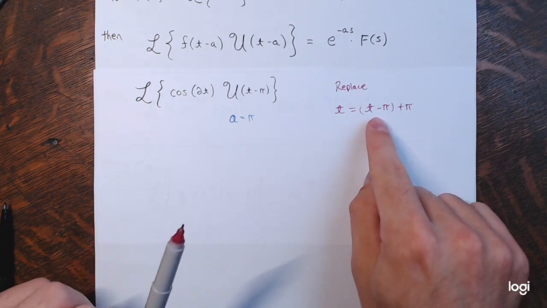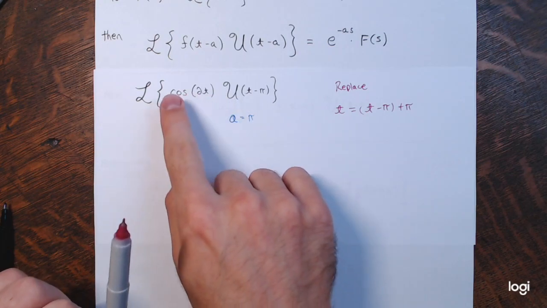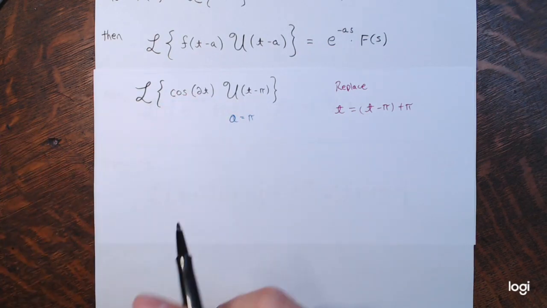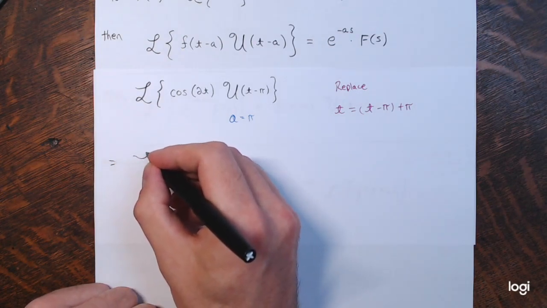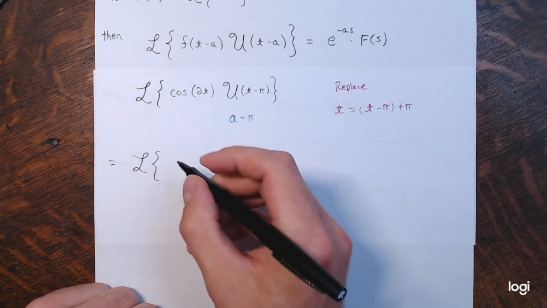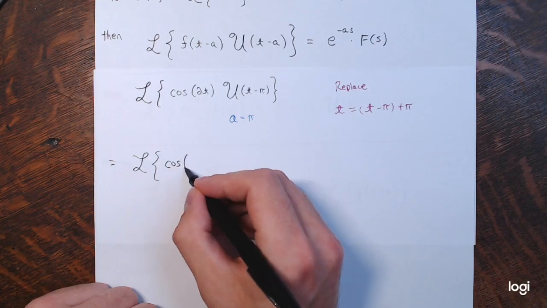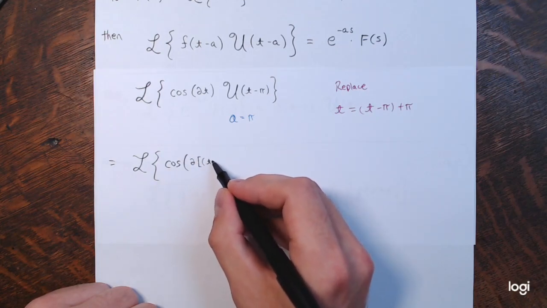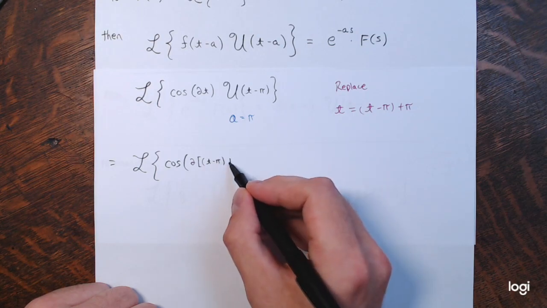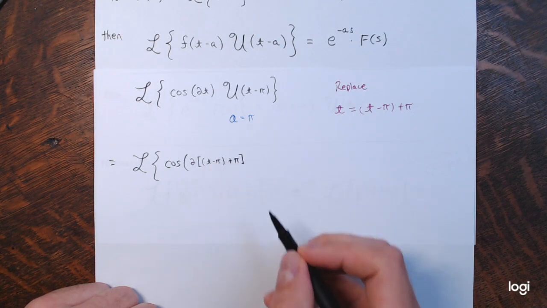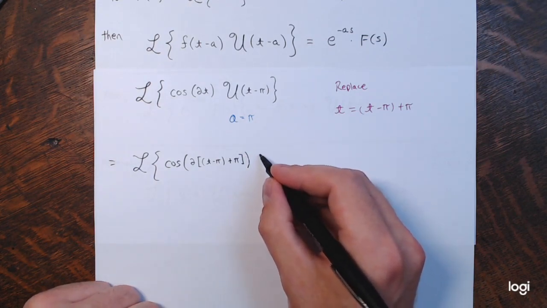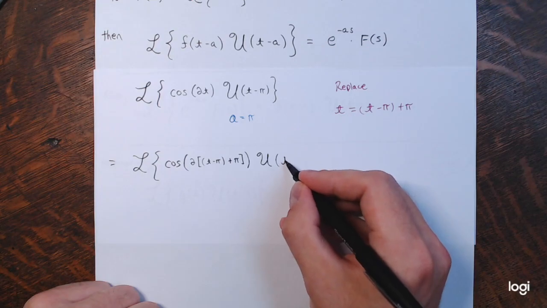That way I'll get t minus pi involved in the function as it is in the unit step function. Alright, so here we go. We got the Laplace transform of the cosine of 2 times, and then we have t minus pi plus pi, replacing t with t minus pi plus pi. And then we have times the unit step function at t minus pi.